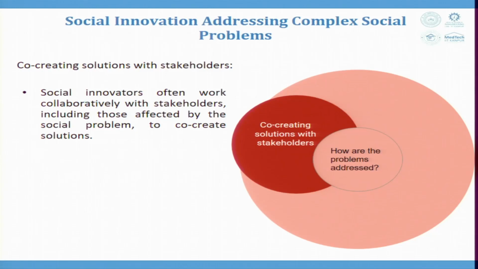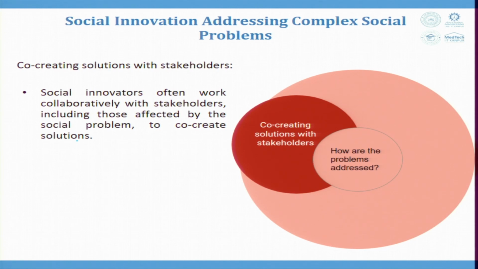So here the social innovators often work collaboratively. A single individual cannot develop a solution, and if at all he develops, it is not sustainable. He has to have various stakeholders under his umbrella, including those affected by the social problem, to co-create the solution.